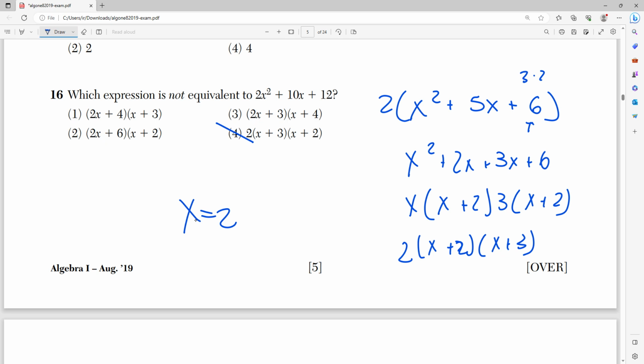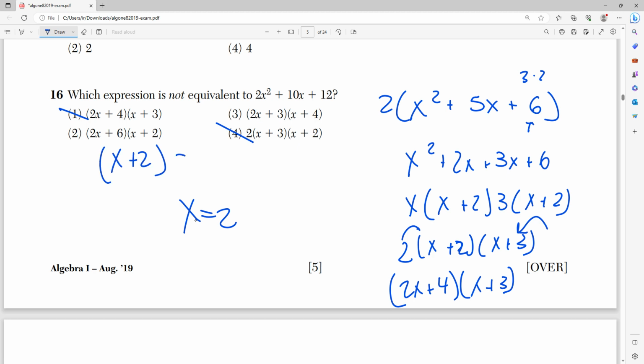Next, I could expand this out. So now I have 2x plus 4 times x plus 3. And I could also move this 2 over there, right? So instead I can have x plus 2 times 2x plus 6.